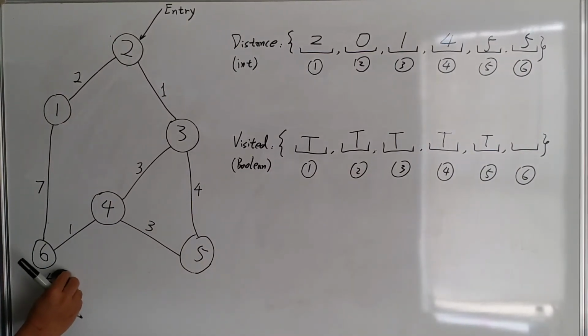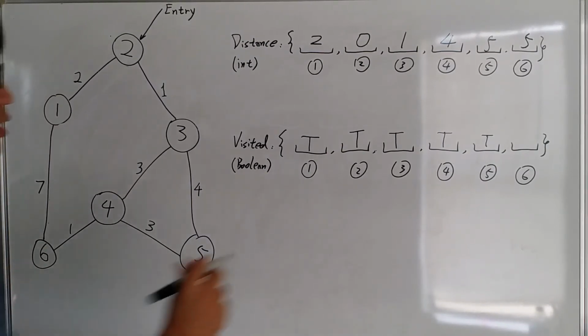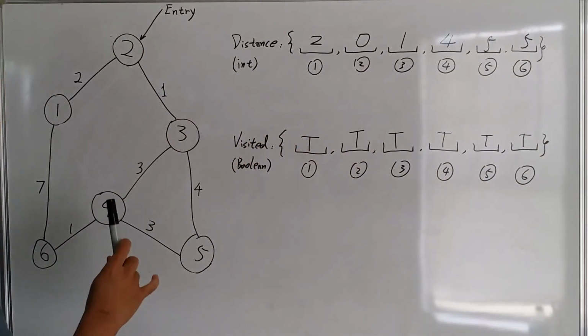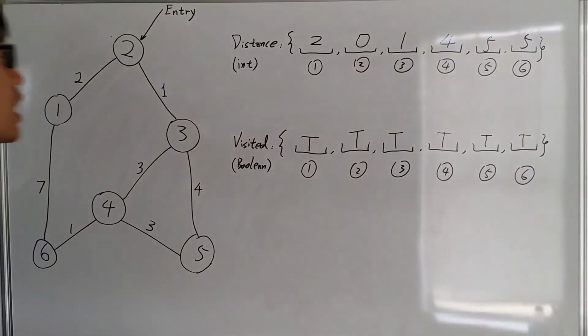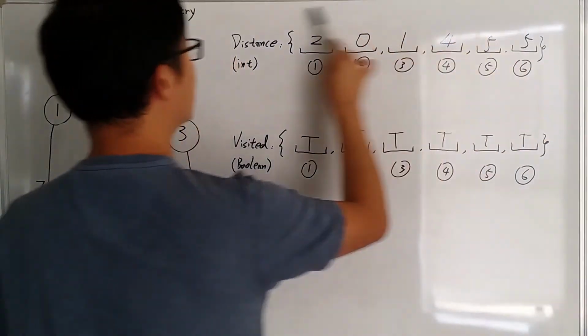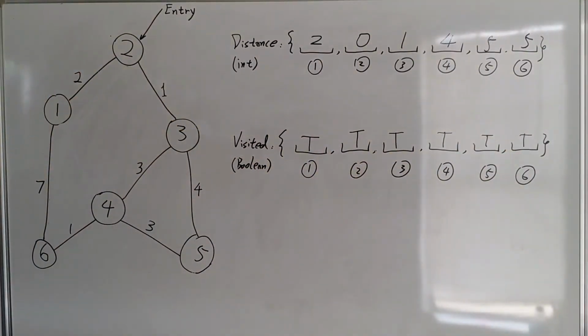So we go over. Okay. So we have to mark this as checked. So at this point, all the nodes were visited. And then we get a final answer for the distance for every node. For example, for node 6, the least distance is 5.